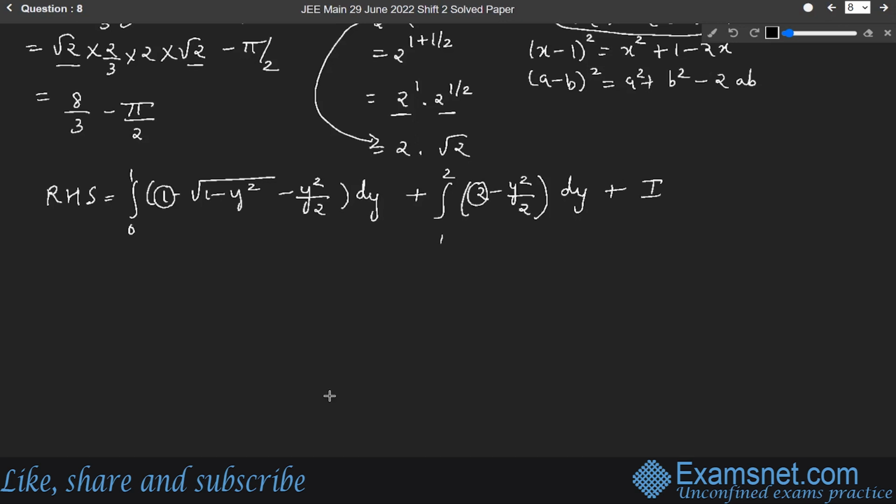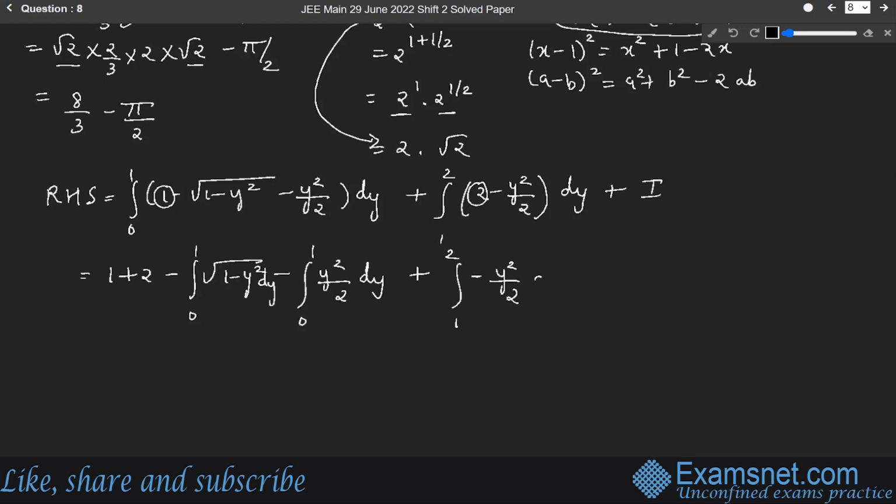So firstly let us take them out. So 1 plus 2. Then we have minus integral of 0 to 1 under root of 1 minus y square, and minus integral of 0 to 1 y square by 2 dy. Plus integral of 1 to 2 minus of y square by 2 dy, plus I.